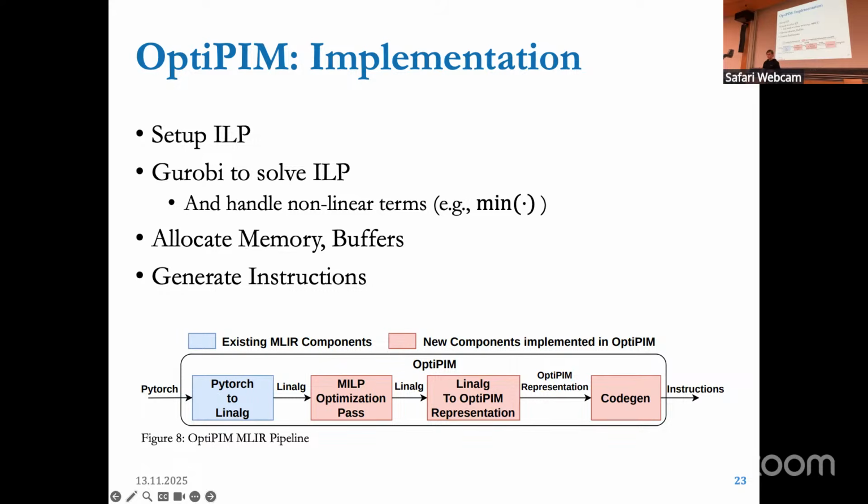In this third stage, we use Gurobi to give us an optimal solution for our integer linear programming problem. Once we've got all of this, we can allocate the memory and buffers, and generate all of the instructions that we need to execute on the processing-in-memory hardware to actually make our program run.